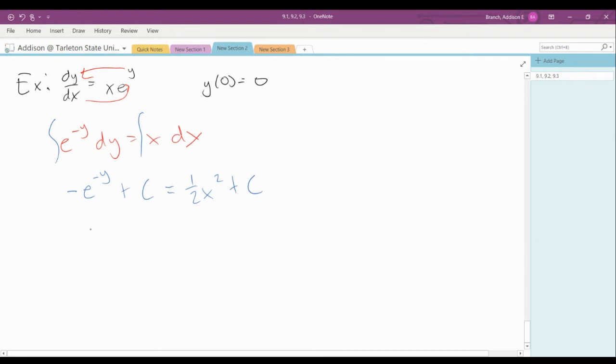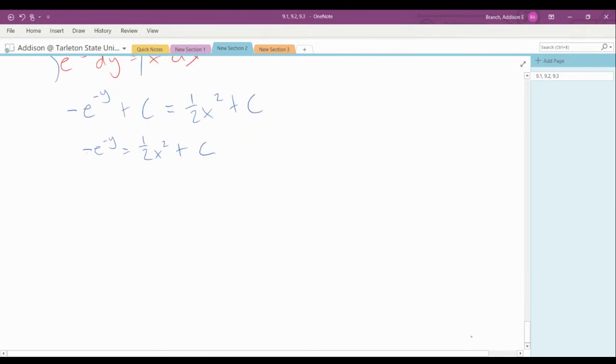Of course, we can move our c over, so we get negative e to the negative y is equal to 1/2 x squared plus c. We can get rid of that negative while we're at it. So e to the negative y is equal to negative 1/2 x squared plus c.